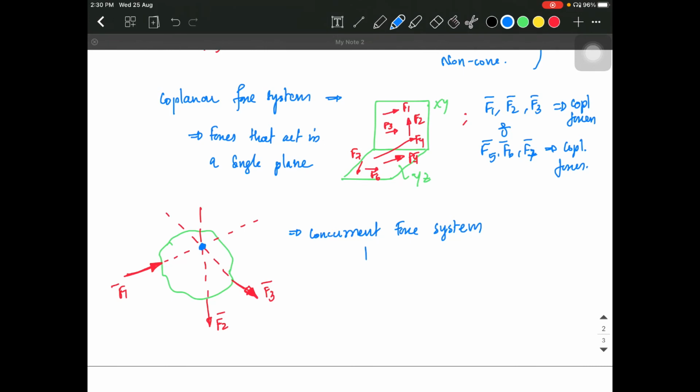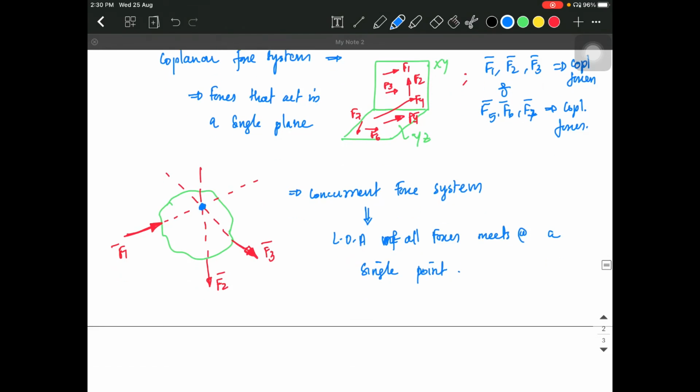This simply means that if the lines of action of all forces meet at a single point, it is a concurrent force system.